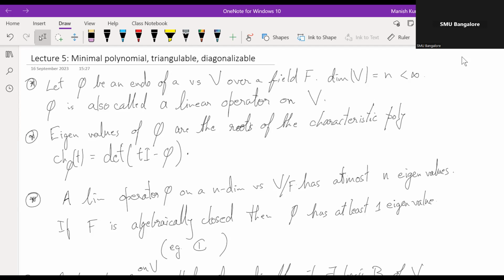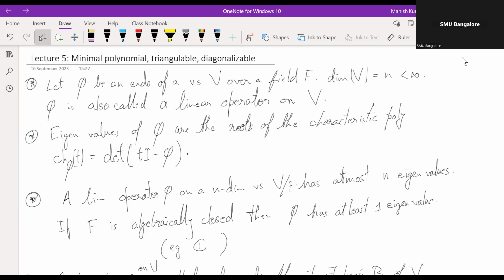Can it have n eigenvalues? What happens if F is algebraically closed? What can you say about the characteristic polynomial? How does it look? Do you know what algebraically closed fields are?